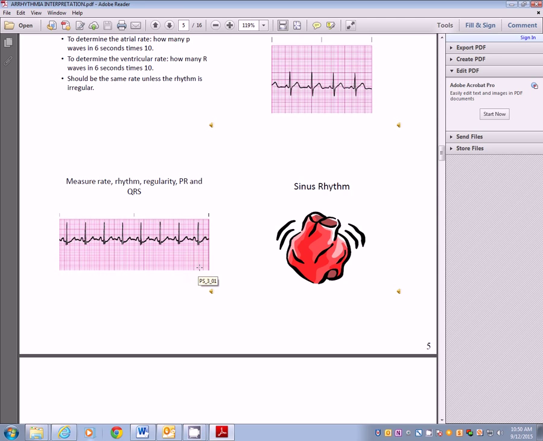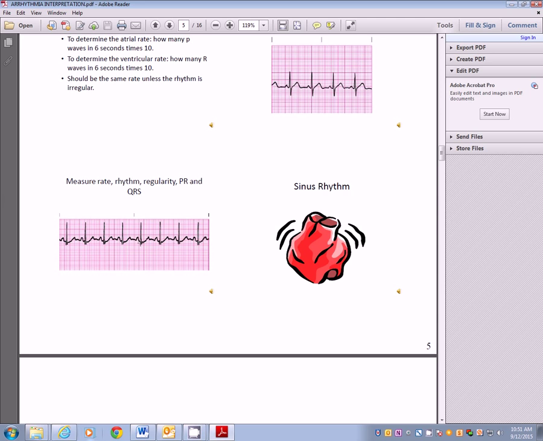The first thing you would count is your P waves: 1, 2, 3, 4, 5, 6, 7. Starting from here, because that one's not in your actual rate. So your heart rate would be 70.